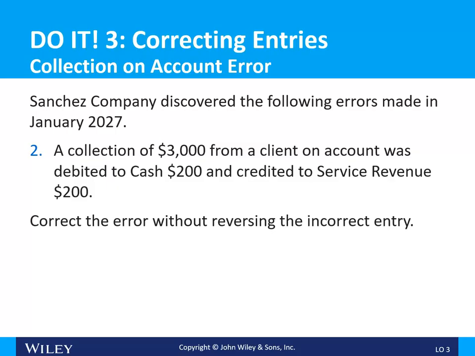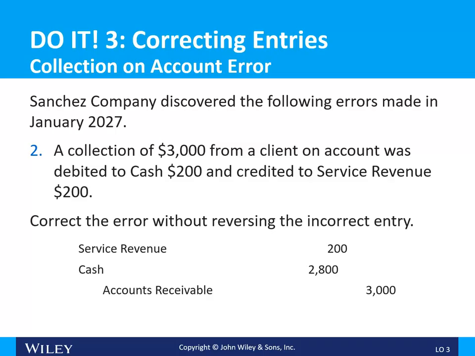Make additional entries to any accounts that we used correctly but with the wrong amount, and correct the accounts that were used in error. So in this case, service revenue was credited $200. That is incorrect, so we need to debit service revenue $200. We debited cash correctly, but for the wrong amount, $200 instead of $3,000.